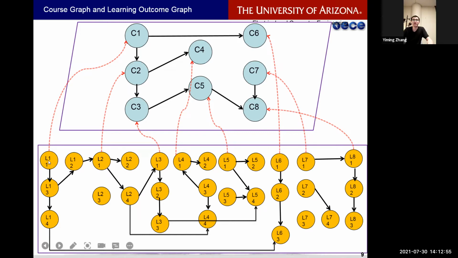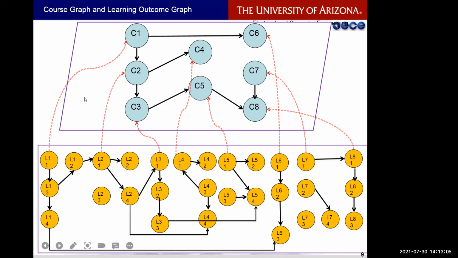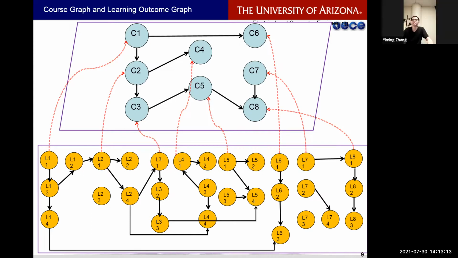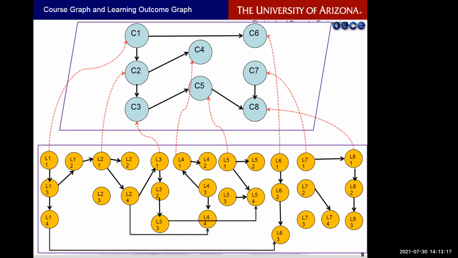The first one is called L11, the second L12, L13. It means I group these 4 learning outcomes into the first course. Oh, I see. So it's L index 11. Got it. So it's just formatting. Okay.